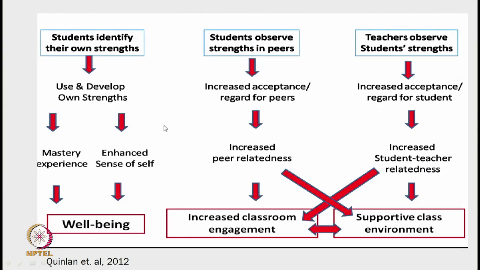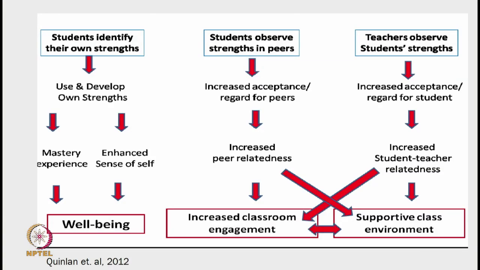On the other hand, students observe strengths in peers. In another exercise they say, okay, identify strengths in your friends, strengths in your classmates. During such activities, they are saying that acceptance and regard for peers increase. You just imagine when you are telling character strengths of your friends, telling character strengths of your classmates.